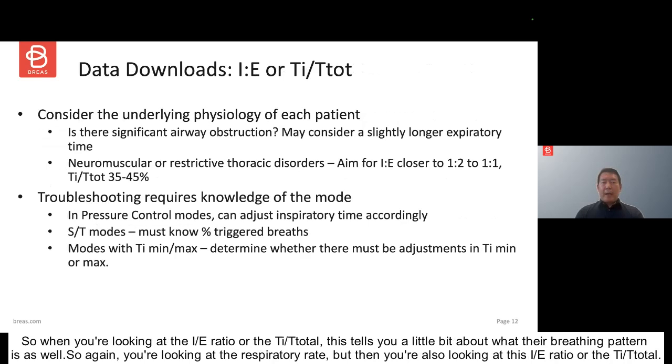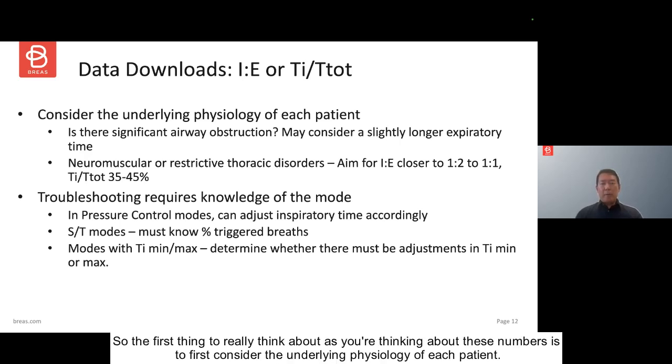So when you're looking at the I/E ratio or the TI to T total, this tells you a little bit about what their breathing pattern is as well. So again, you're looking at the respiratory rate, but then you're also looking at this I/E ratio or the TI to T total. So the first thing to really think about as you're thinking about these numbers is to first consider the underlying physiology of each patient.